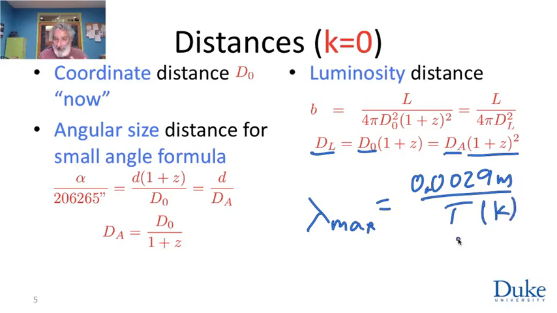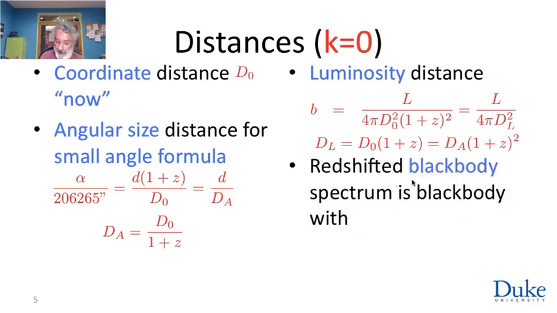If all wavelengths get stretched, then the temperature decreases by the same factor as the factor by which wavelengths increase, and indeed, a redshifted blackbody spectrum is a blackbody spectrum with a temperature that is decreased by the same factor by which wavelengths are stretched.